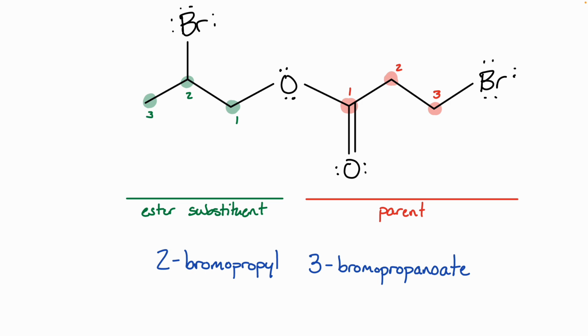All right, again, all the information of that ester substituent built into that first word, all the information on that parent built into the second word here. All right, so 3-bromo-propyl, 3-bromo-propanoate. 2-bromo-propyl, 3-bromo-propanoate. Cool. All right, welcome back.